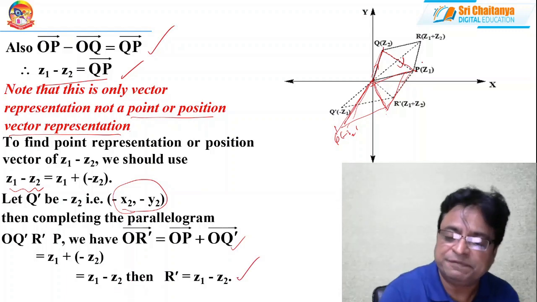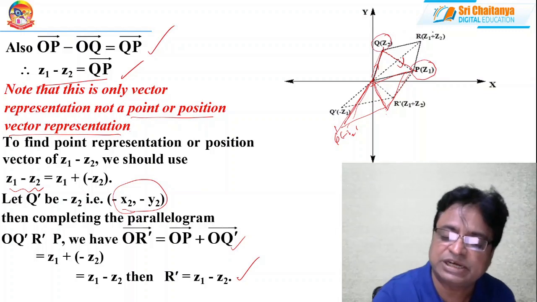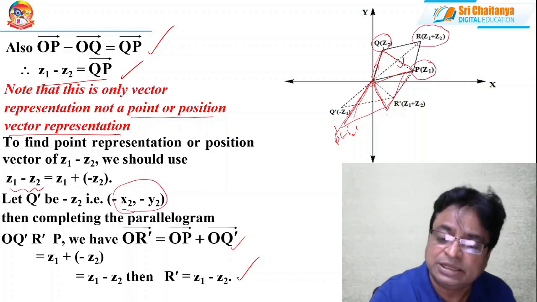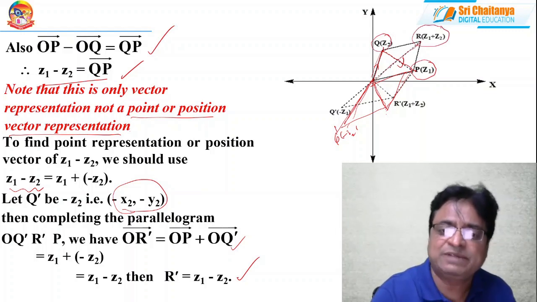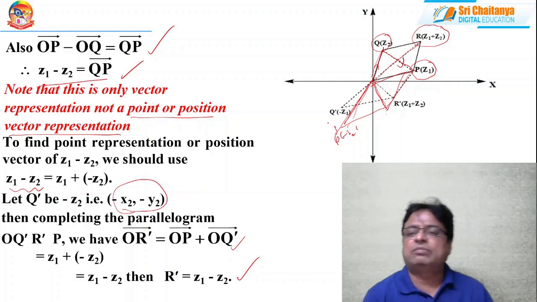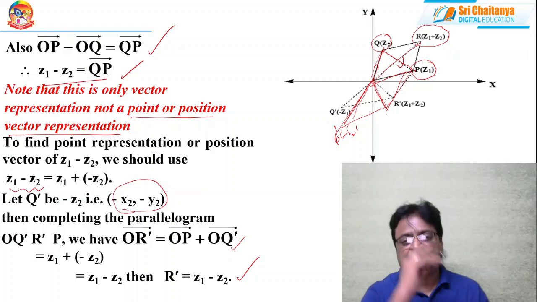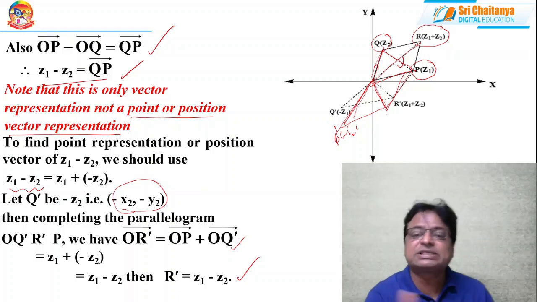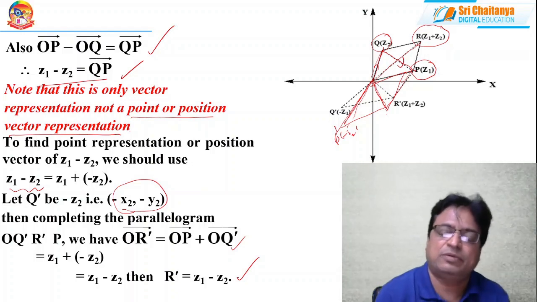So if Z1 and Z2 are given, then Z1 plus Z2 indicates one diagonal of the parallelogram. Subtraction also gives the diagonal of the parallelogram only, where Z1 and Z2 are position vectors of the sides of the parallelogram.